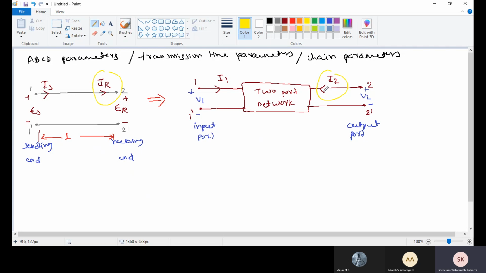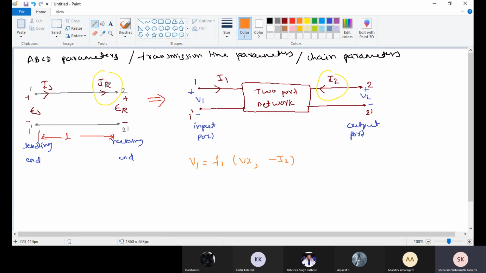Okay, now the voltage V1 and the current at the input port we are going to represent in terms of the output port voltage and current, that is V2 and I2. Thus, I can write like this: V1 is equal to a function of V2, comma, minus I2. Why minus I2? See here, the directions of IR and I2 are different.